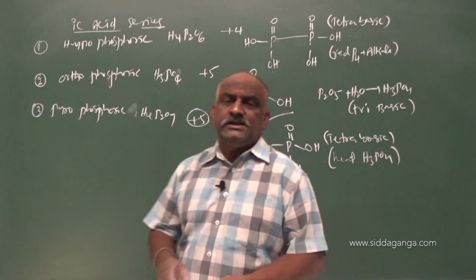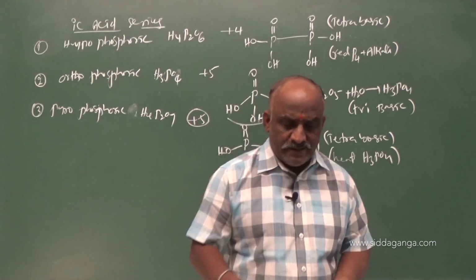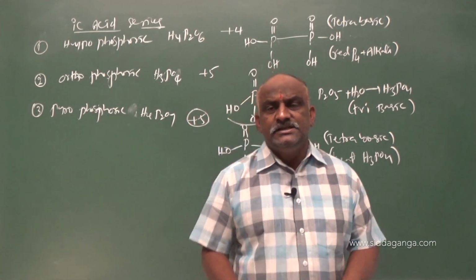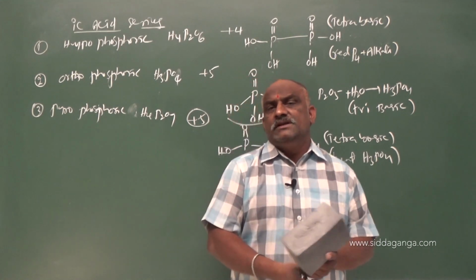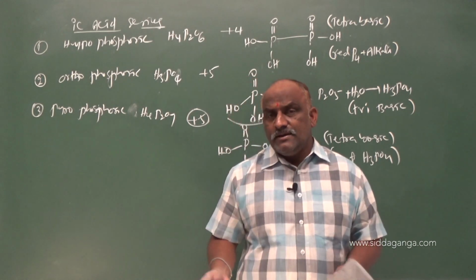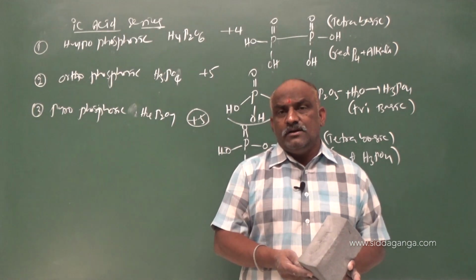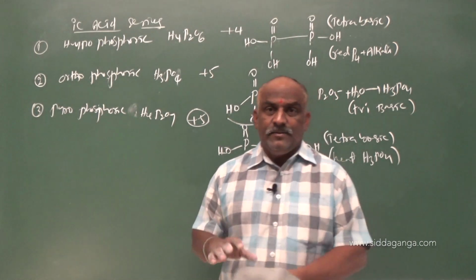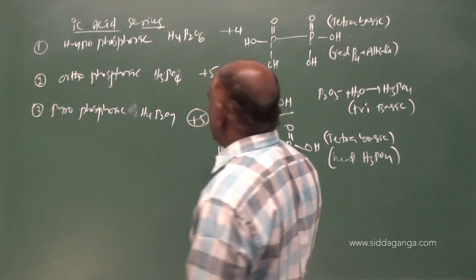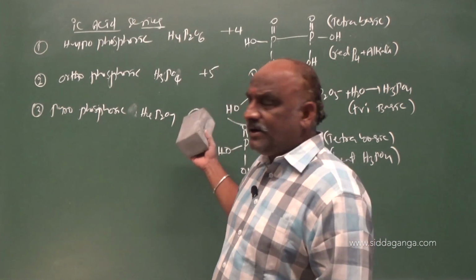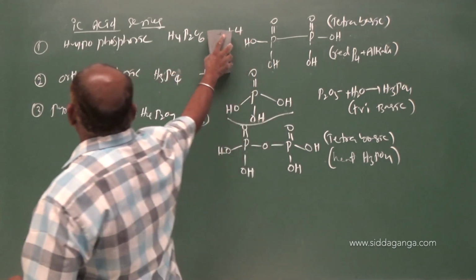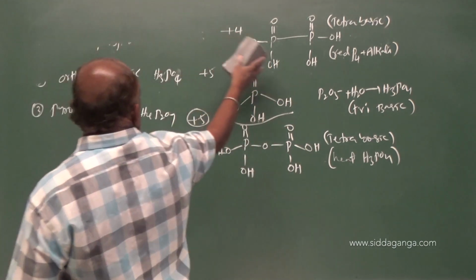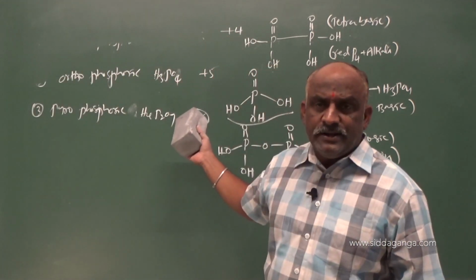And after this, next choice goes to metaphosphoric. Metaphosphoric does not exist in monomeric form. Metaphosphoric exists in polymeric form, cyclometaphosphoric or polymeric chain. I will show how to draw the structure of metaphosphoric acid. Make a note regarding this.